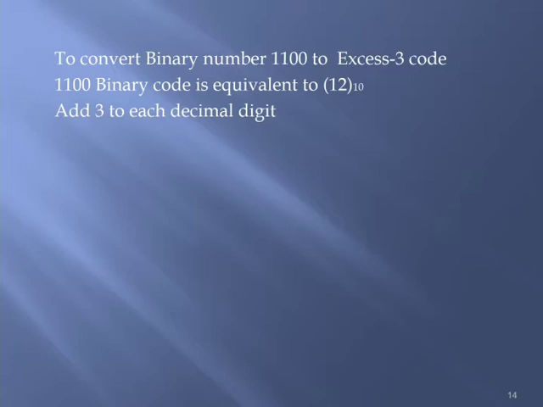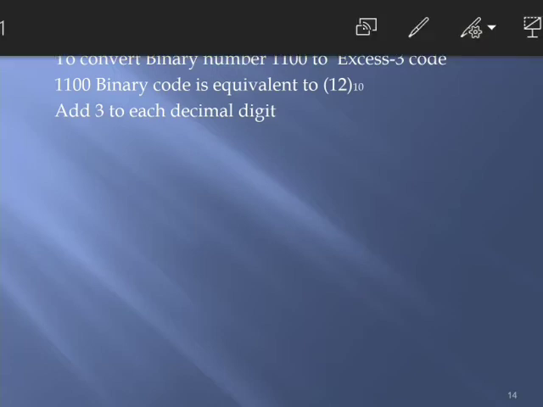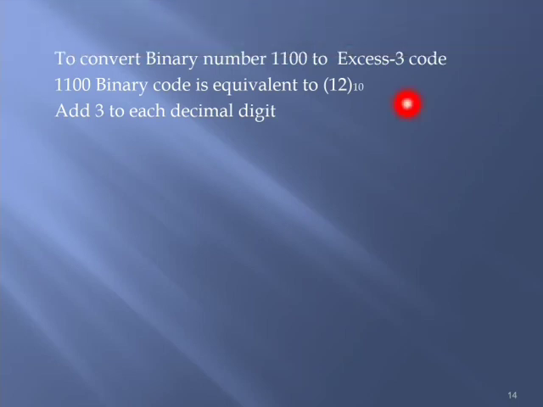How many decimal digits are there here? Here you have two decimal digits. One is 1 and the other one is 2. To each decimal digit you need to add 3.